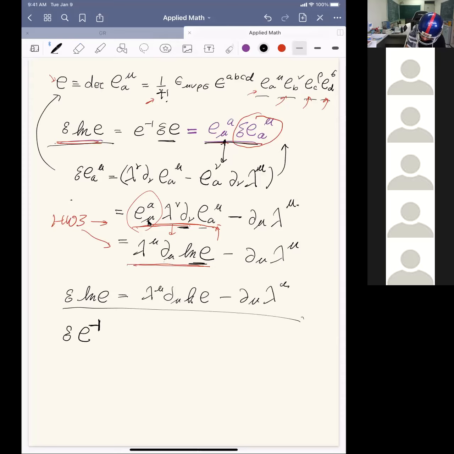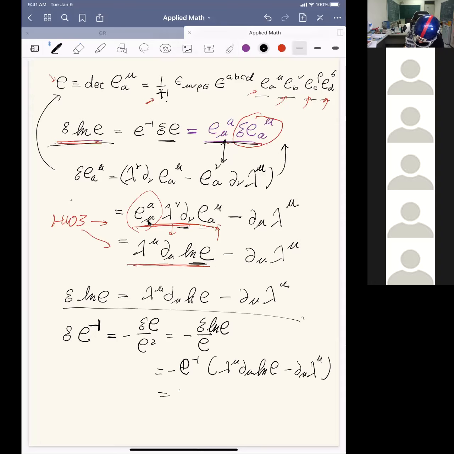You immediately see why I'm doing this: it's going to be minus E inverse squared variation of E, which is equal to minus E inverse variation of log E. Therefore this is just the variation of E inverse, which is nothing but the total derivative acting on lambda mu E inverse.